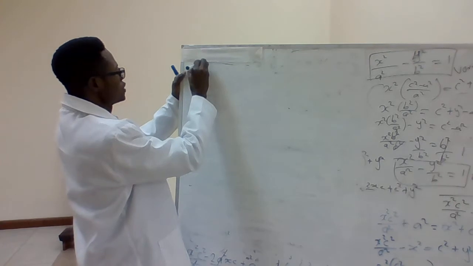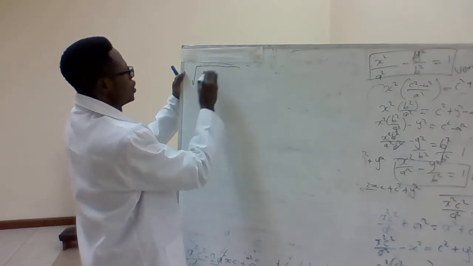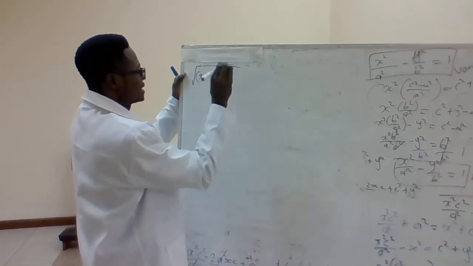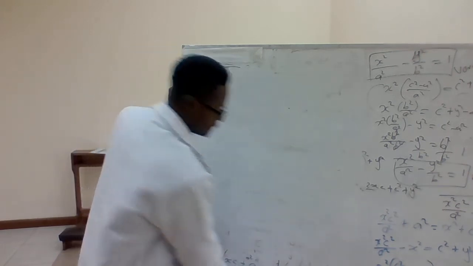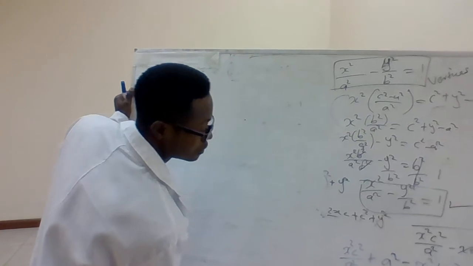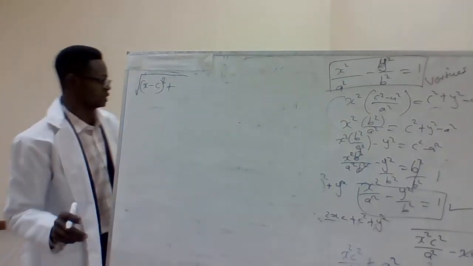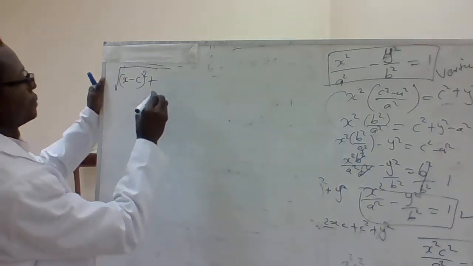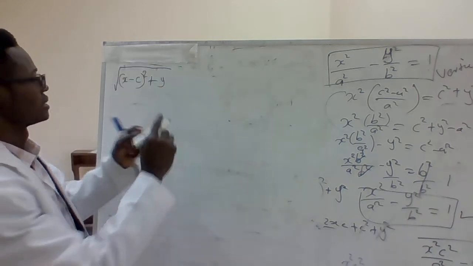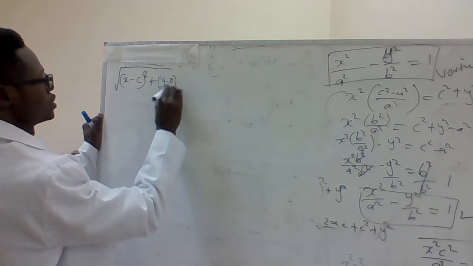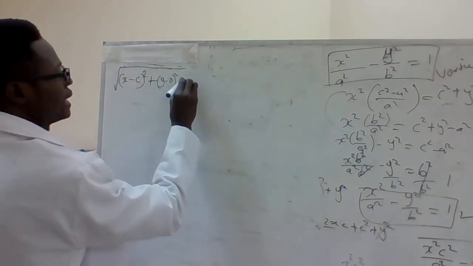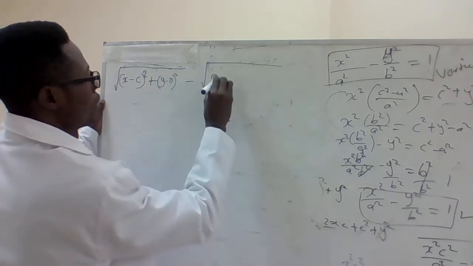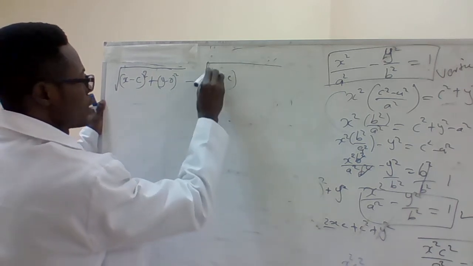So we are going to use the square root of x minus c squared plus, to make it more visible, I hope you can see that, plus y on the y-axis now minus 0 squared, and this will be minus the square root of x plus c squared.